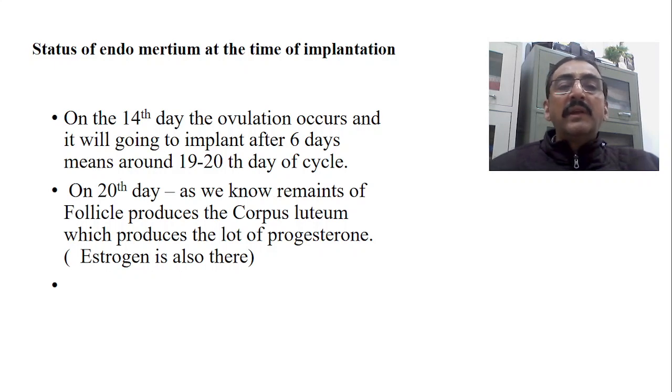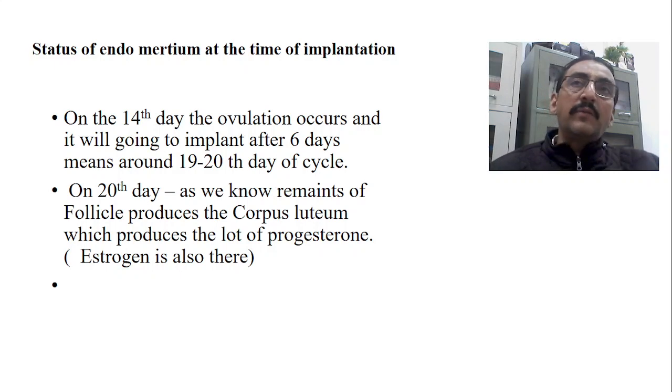Now, if ovulation occurs on the 14th day, mostly after 6 days the embryo will implant in the uterus, so that is around the 20th day of the cycle. On the 20th day, as we know, the remains of the Graafian follicle produce the corpus luteum, and this corpus luteum will produce a lot of progesterone.